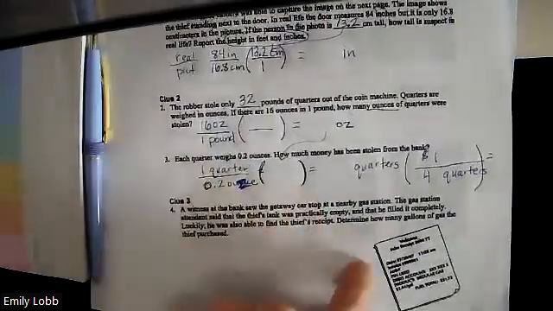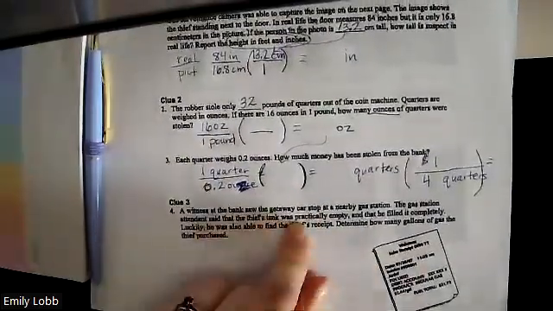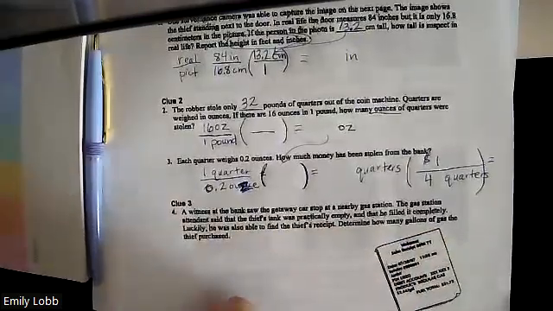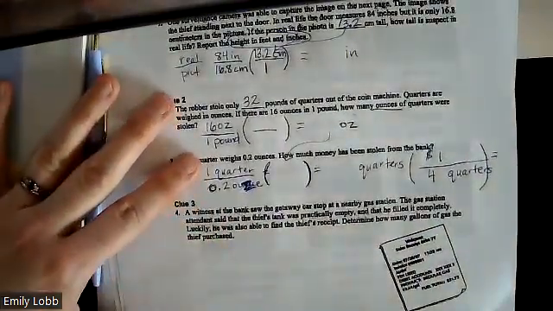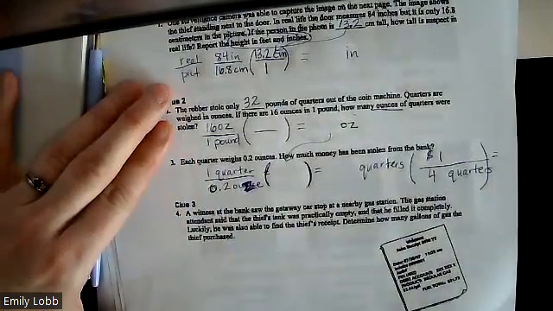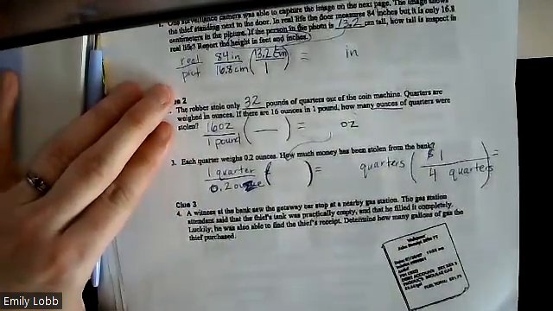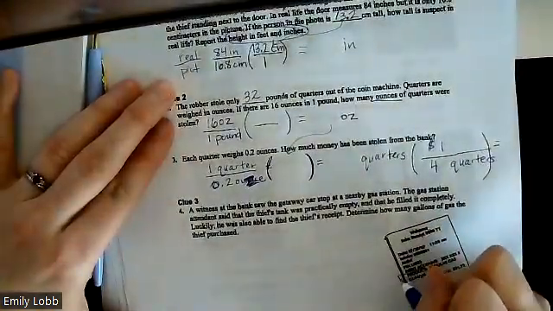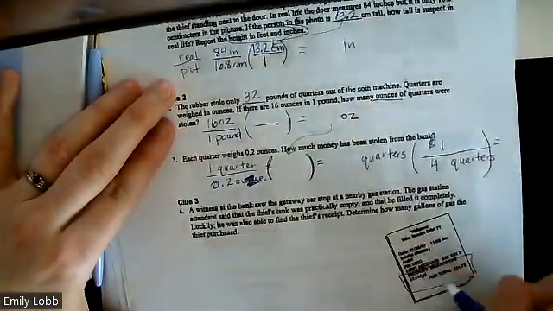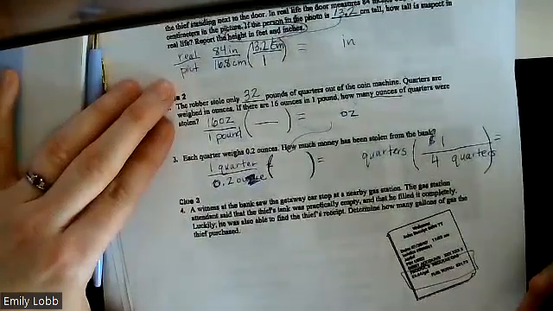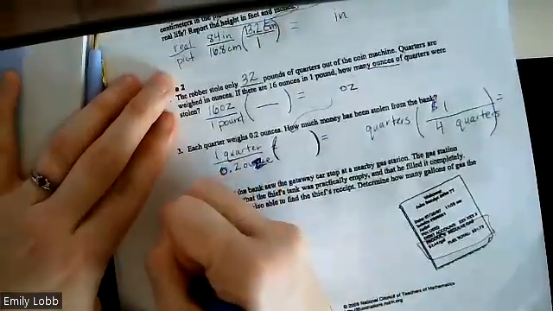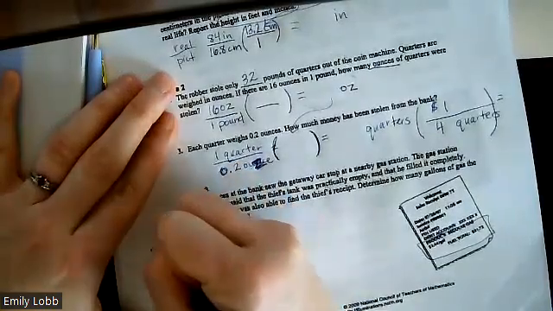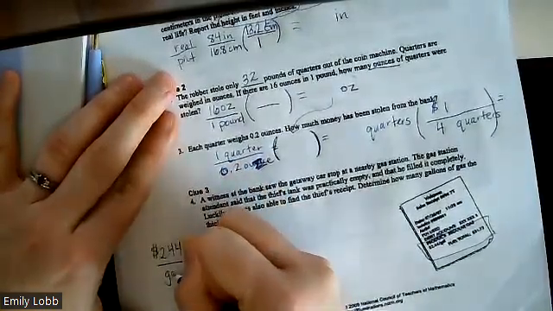Okay, sorry about that. So we have to figure out here how many gallons of gas the thief purchased. Can we use this information? Guys, look. We know it was $2.44 per gallon.